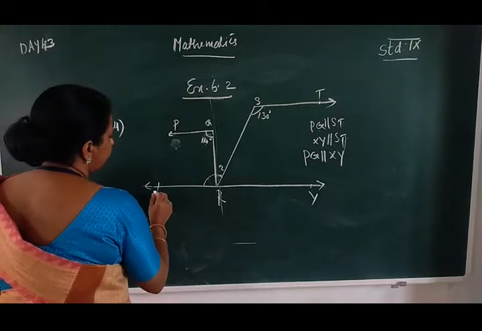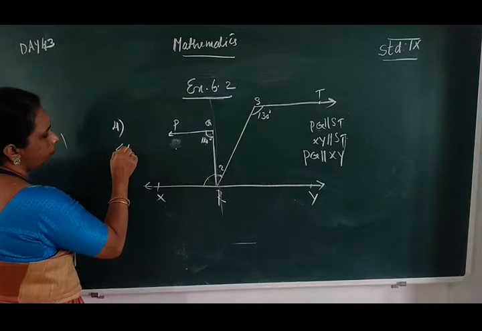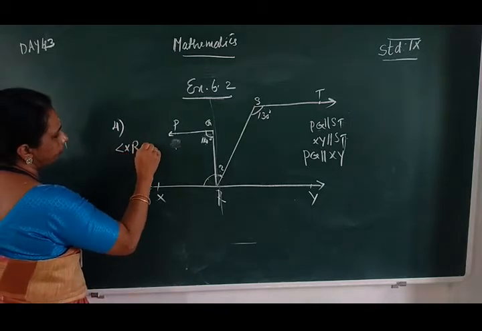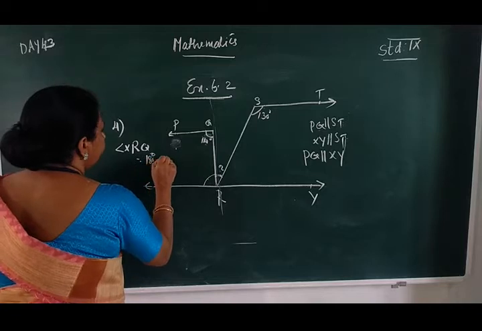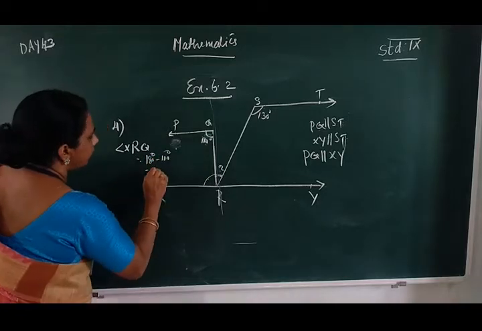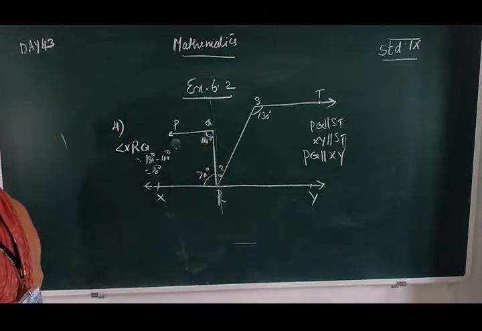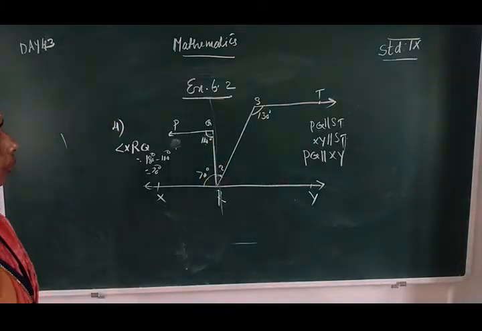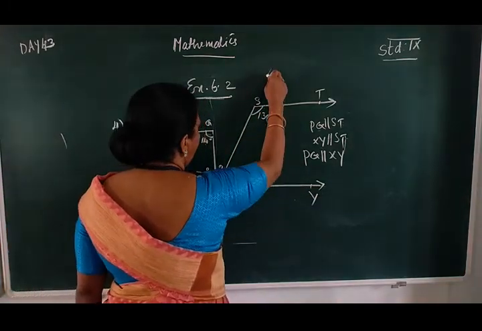So this angle, angle XRQ, is equal to 180 degrees minus 110 degrees, that is equal to 70 degrees.